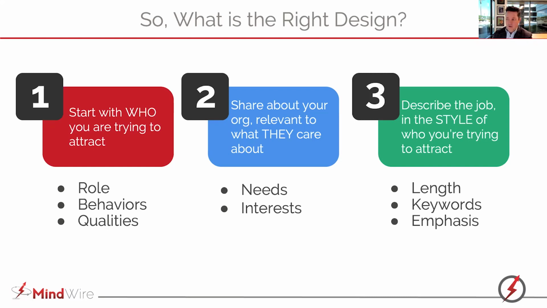They still aren't necessarily going to overcome those behaviors. So switching the cadence and the sequencing, let's start with them first, grab their attention, and then we can talk about us in a way that's relevant to who they are. And we're going to pay attention to what words we use and the length. That can make a big difference.